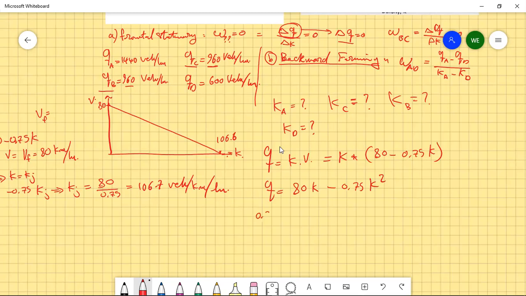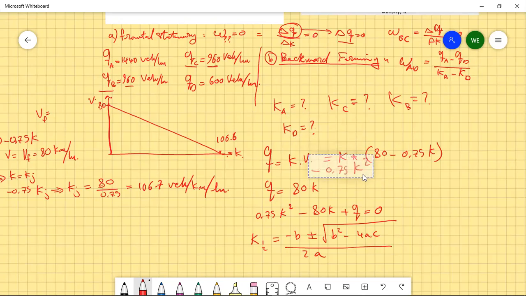Let's take these values to the other side. So we have 0.75k square minus 80k plus Q equals 0. Then we can solve and get the k's. So k1 or 2 equal minus b plus or minus square root of b square minus 4ac divided by 2a. Correct? Is that correct, guys, or is something wrong?